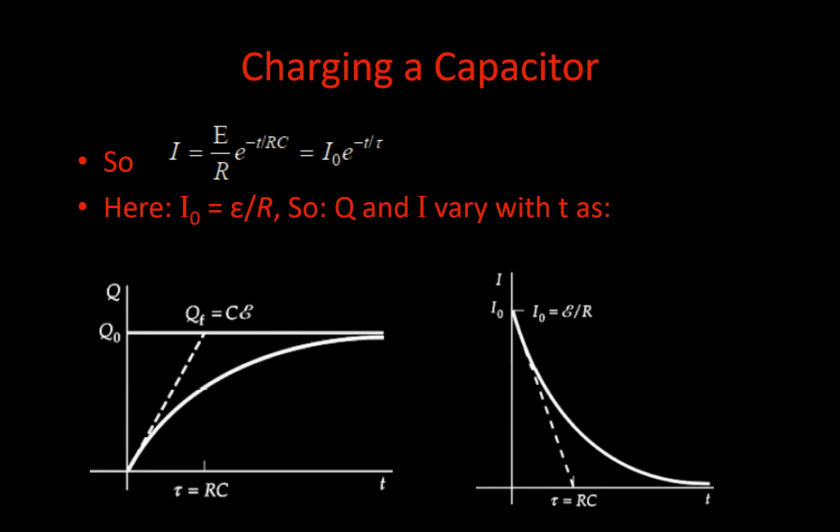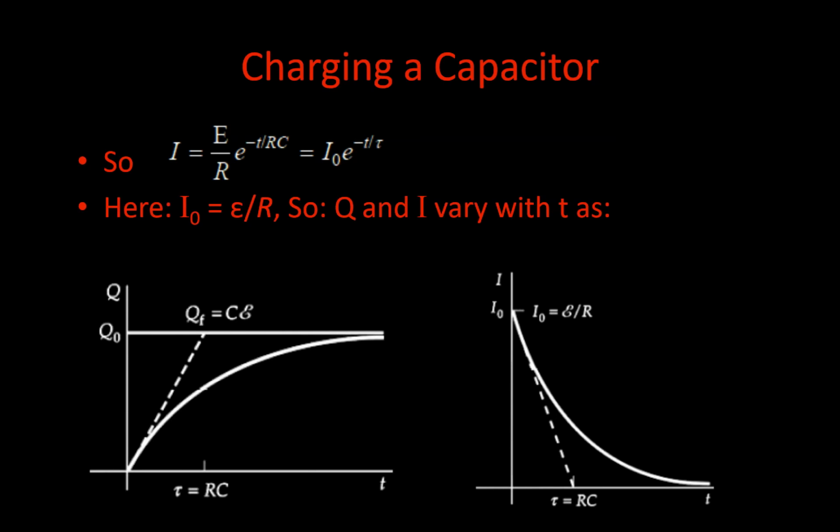What does a QT graph look like compared to an IT graph for a charging case? What does a QT graph look like compared to an IT graph for a discharging case? And the only difference really is the QT graph. The QT graph has an exponential increase.